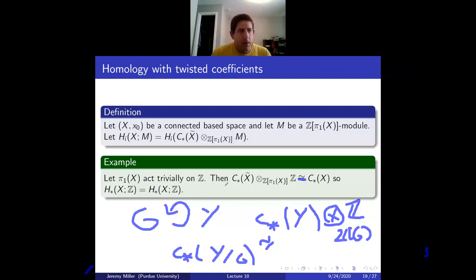You probably want, like when you're proving Mayer-Vietoris, to do some argument where chains on our space is equivalent to chains subordinate to the cover. You'd probably want to do an argument like that to prove this.